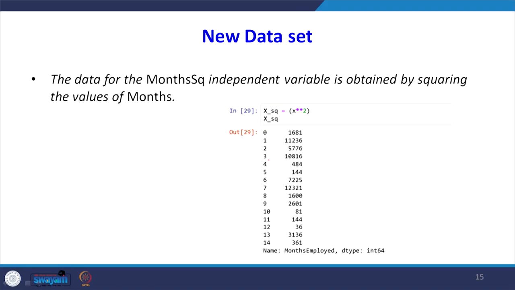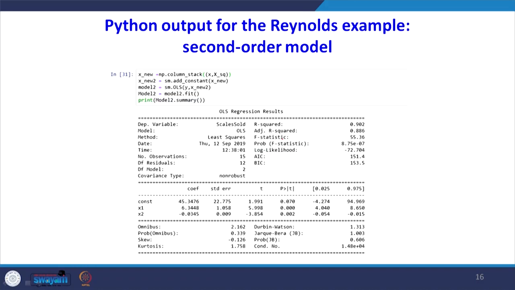First, I am going to prepare a new data set, the square of x. For that purpose, x_sq, I am naming it that way, equal to x double star 2. So, this is a squared value. This squared value is going to be taken as another independent variable, where x_new is np.column_stack, see this x squared.